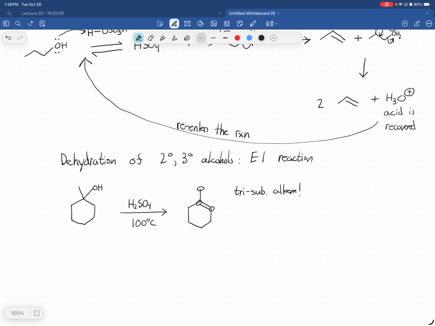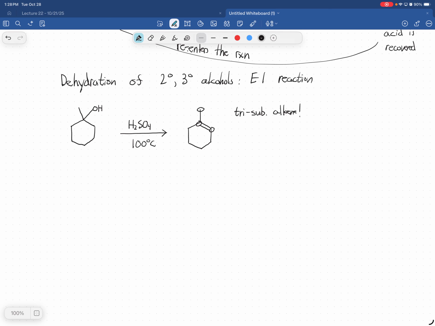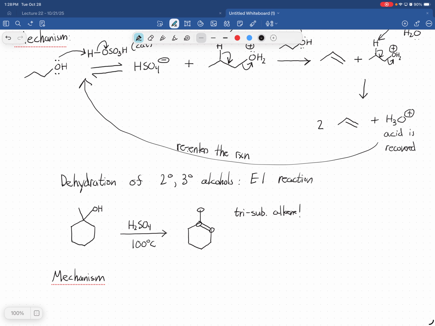All right. So let's go over the mechanism here. Very similar. What's the first step of the mechanism if we compare it to the previous one we just drew? If this is a regular reaction, the OH will always be a poor leaving group, right? So technically no reaction will take place. But in this case we have acid.